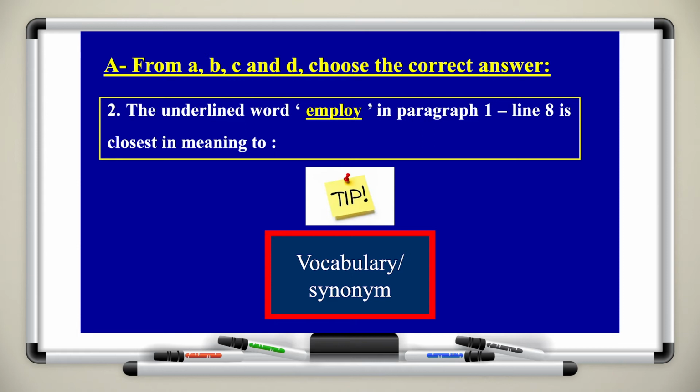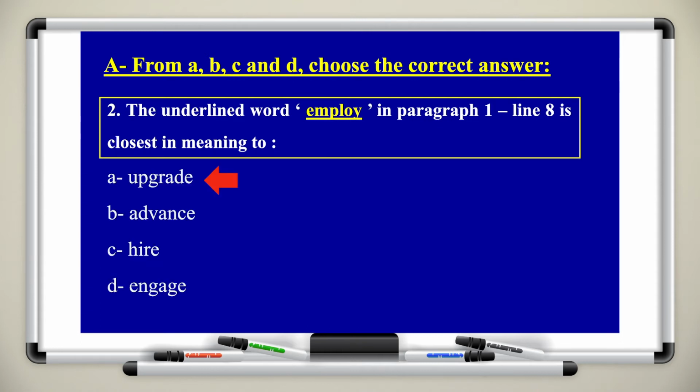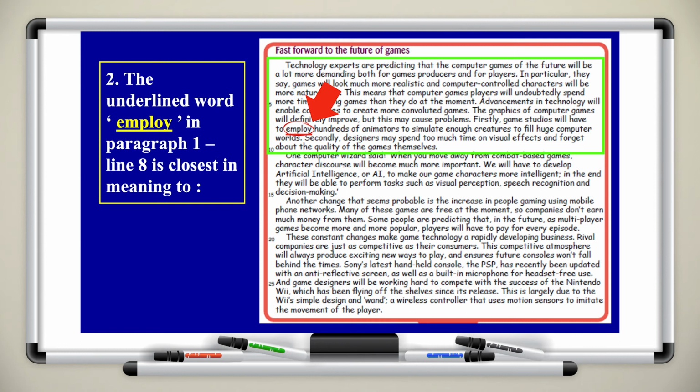The underlined word employ in paragraph 1, line 8 is closest in meaning to. So this is asking us about a certain vocabulary item, and they want the synonym, the closest meaning to this word. Employ is the closest meaning to upgrade, advance, hire, or engage. If you look back at the text, you can find the word underlined or circled there.